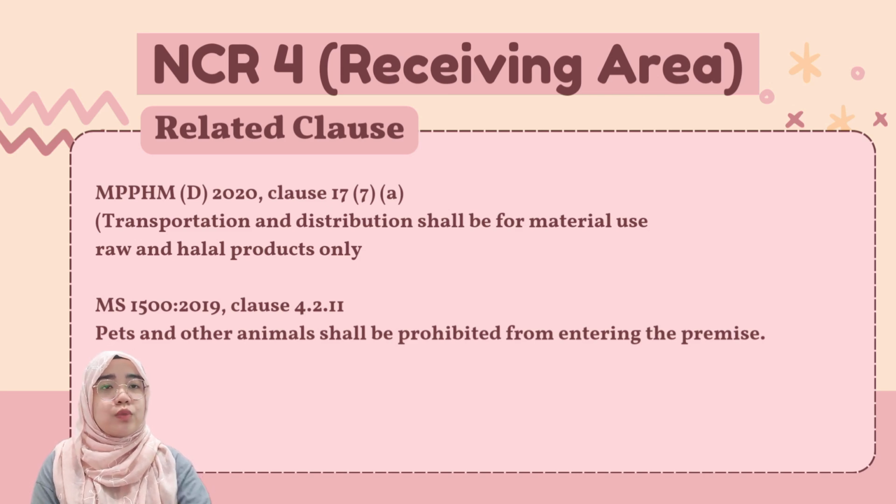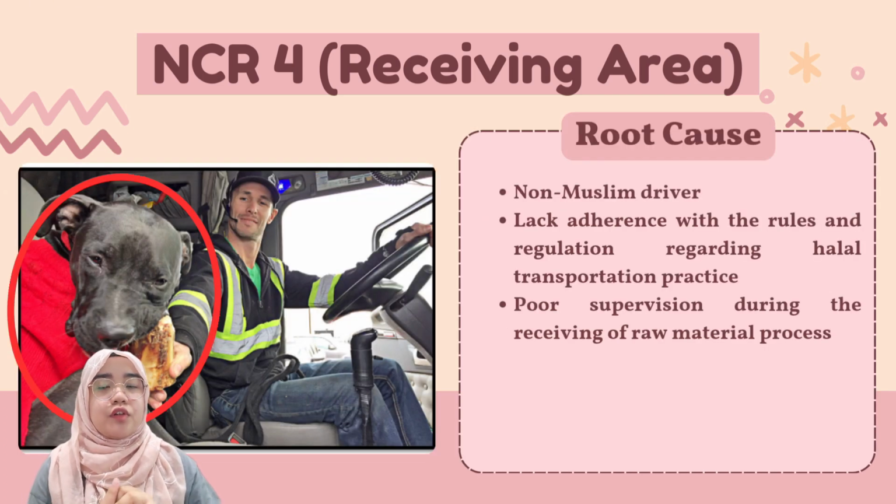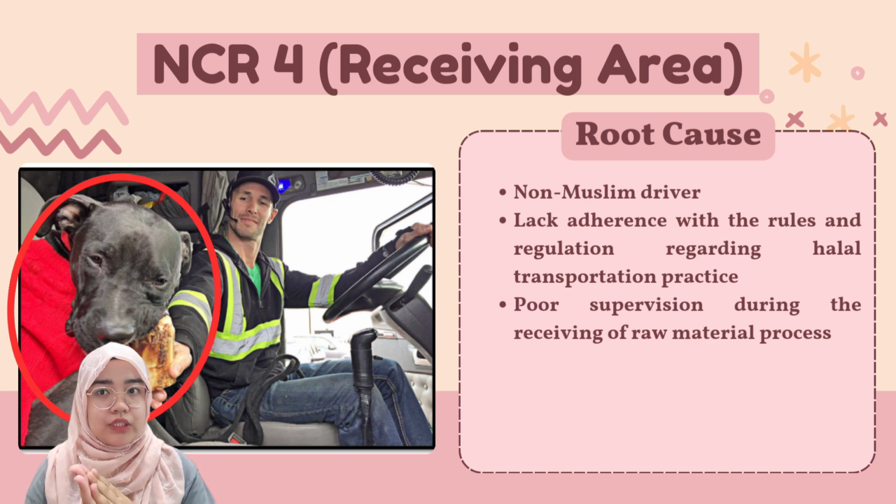As we know, dogs are prohibited in Islam, and are categorized as Najis Mughallazah. Therefore, the root cause for this issue is that the driver is a non-Muslim, lacks adherence to the rules and regulations regarding halal transportation practice, and there was poor supervision during the receiving of raw material.